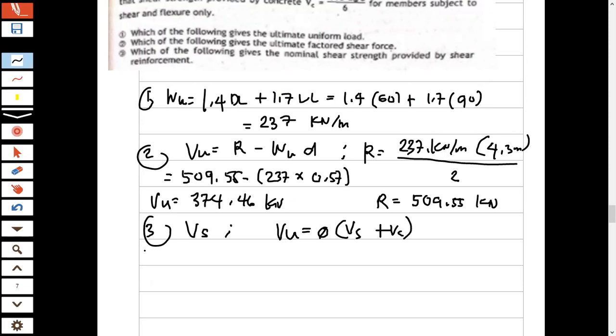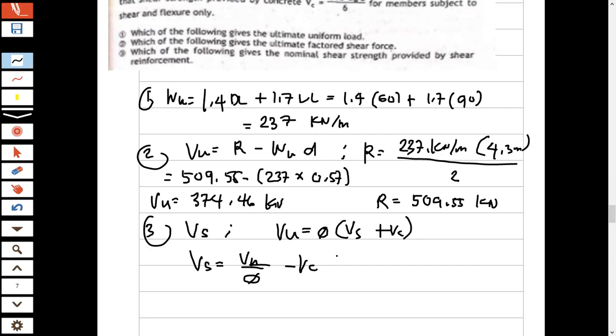So therefore, we can have here VS is just equal to VU over phi minus VC. Para mas madali mo ma-recall kasi sinasabi lagi natin na this critical shear force is the summation of the shear capacity provided by reinforcement and then the shear capacity provided by the concrete.